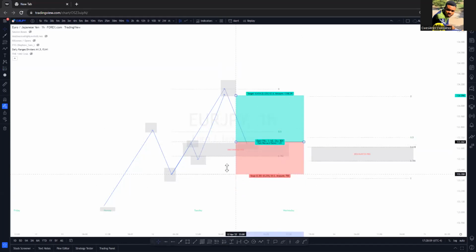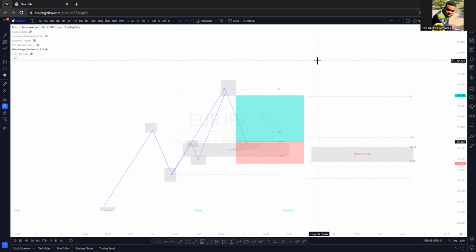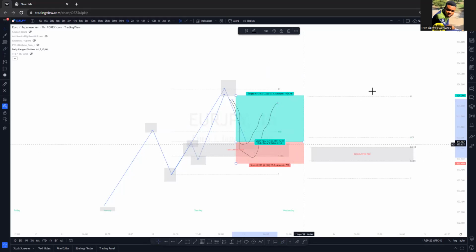So they will place their entry over here on the 61.80, then their stop loss below the 78.60. In the sense that if price comes to the 61, it will tap them in, or when price pushes further to the 78.60, it also taps them in. But you can see that the stop loss will be wider.